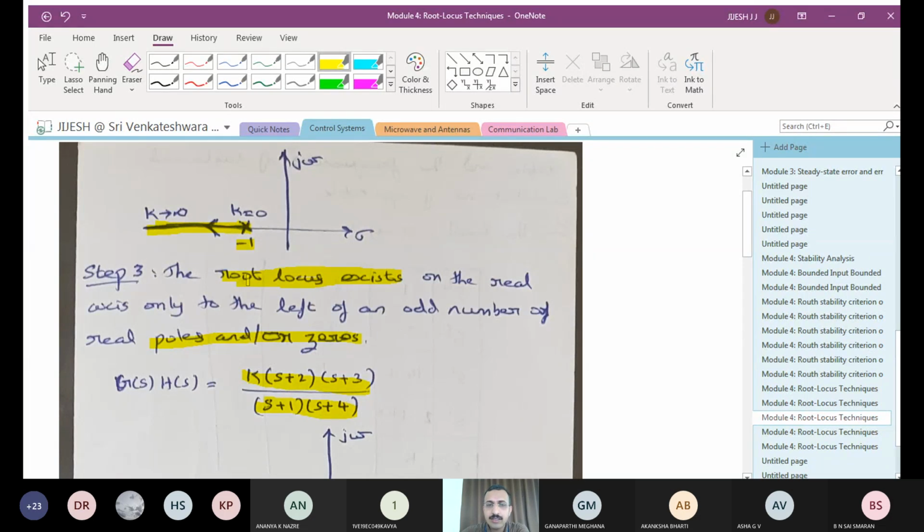Here what is specified is that the root locus exists on the real axis only to the left of an odd number of poles or zeros. That is what we are going to see. You can make a note of these things.